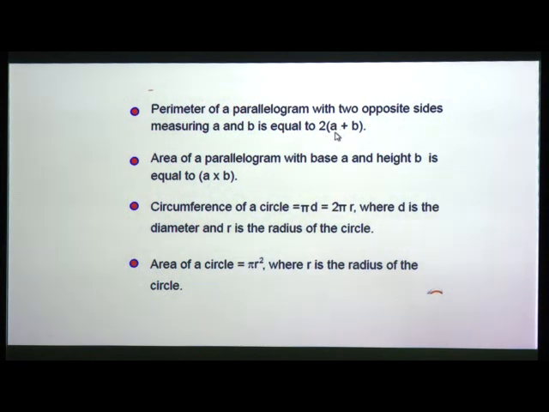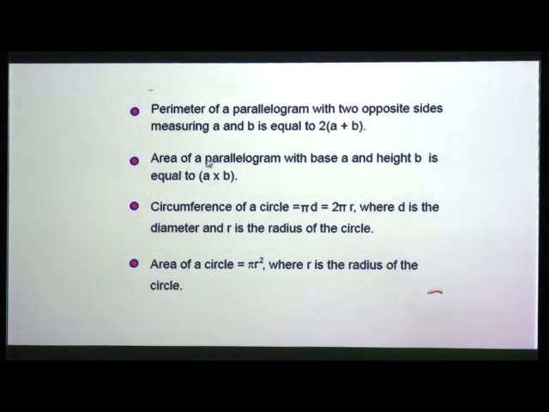Here we are considering one of the sides of a parallelogram as A and the other side of the parallelogram as B. So, in this way length and breadth are just replaced here by A and B. So, the perimeter of a parallelogram is nothing but a formula very similar to that of a rectangle, that is 2 inside the bracket A plus B.